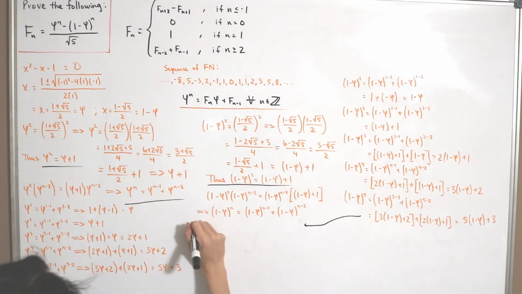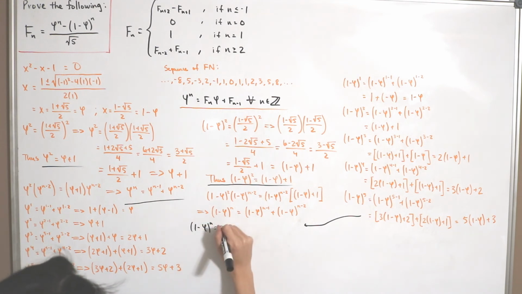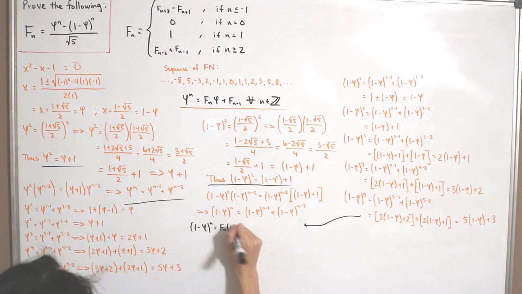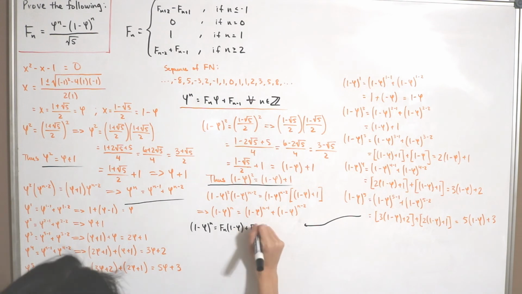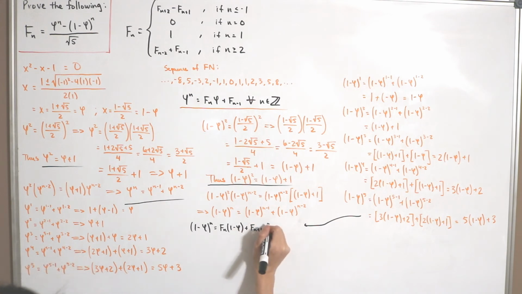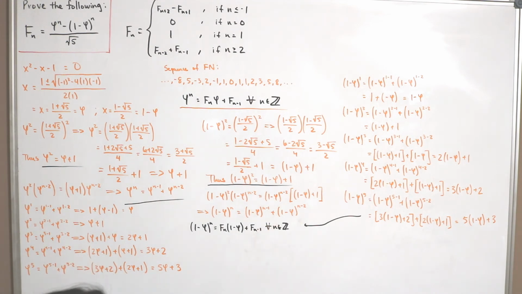So therefore we can say that (1 minus phi) to the power n is equal to capital F sub n multiplied by (1 minus phi), and then I add this with F sub n minus 1, for all integers. So we have our two little formulas now.